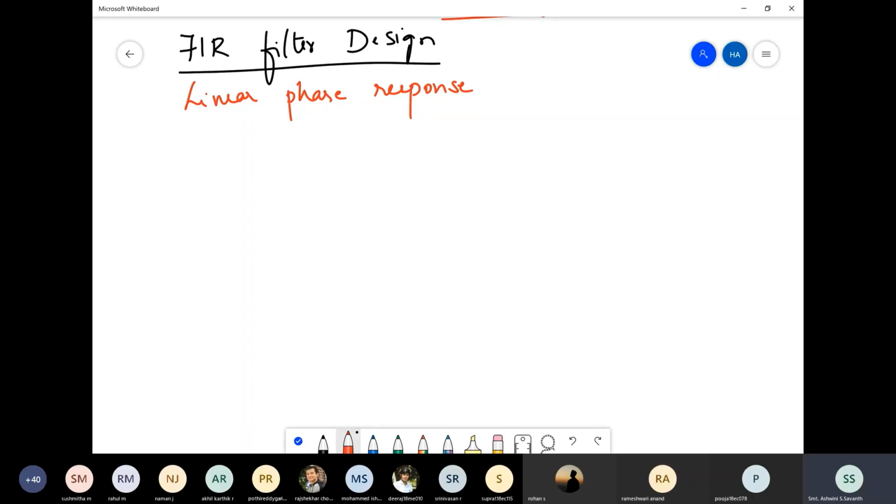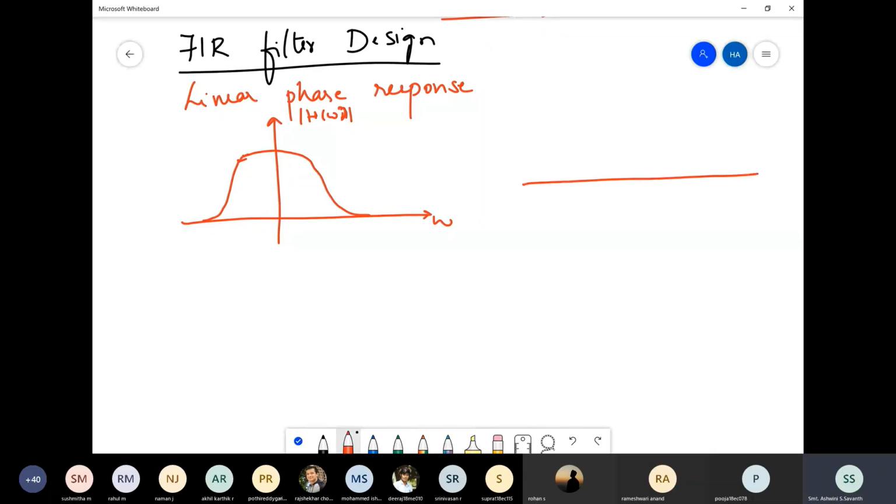Let us say your magnitude response, |H of omega|, could be something like this, let's say a low pass filter. This is the magnitude response, whereas your phase response, phi of omega, will be linear.